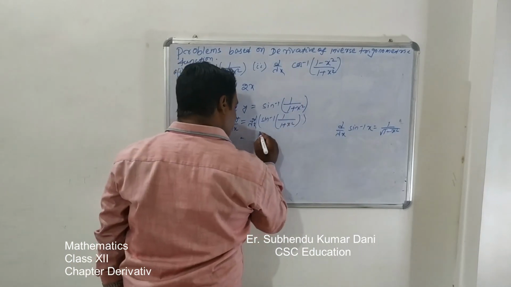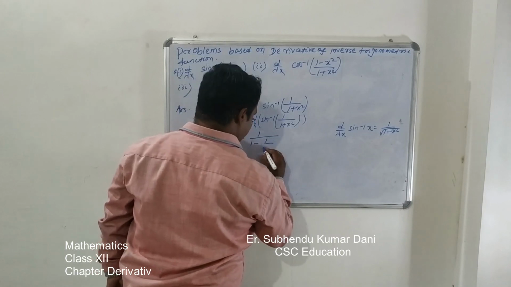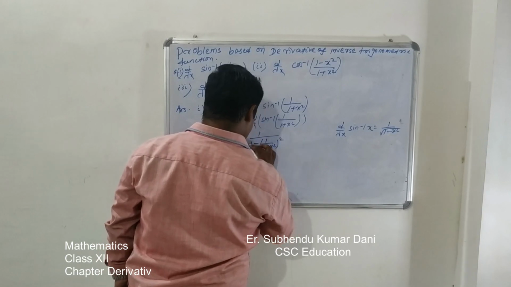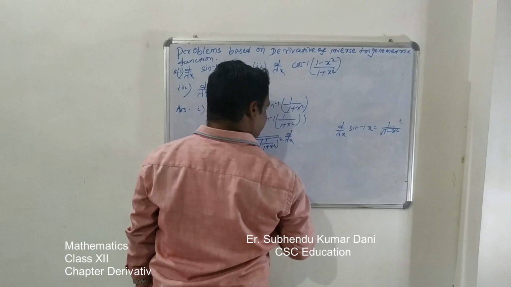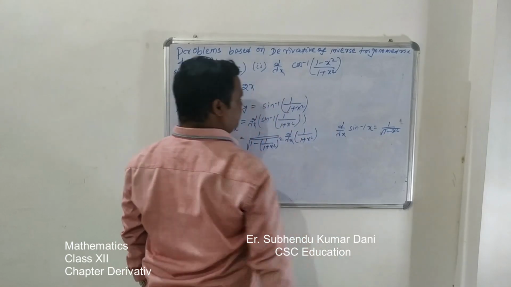So 1 divided by root over 1 minus the square of 1 by 1 plus x square. Now, the derivative d by dx of 1 by 1 plus x square.